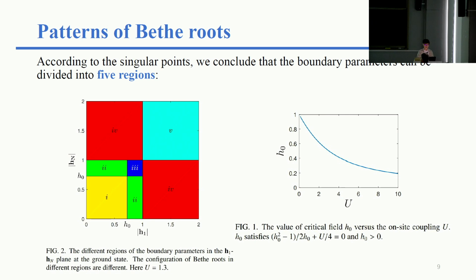For example, when the number of lattice sites equals 4, 6, and 8, we can conclude that the boundary parameters can be divided into 5 regions. Here we note that the value of the critical field h0, the second critical point, will vary with the on-site coupling U, and it's always bigger than 0.